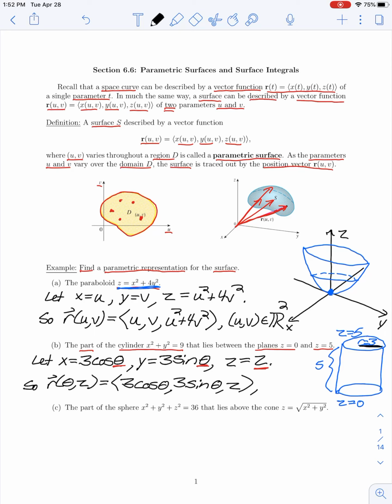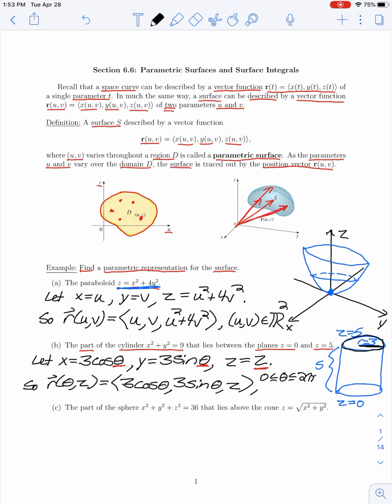And if we need to describe a particular part of this cylinder, we need to describe the range of our parameter values. In this case, we want a full revolution around our circle, which means that our theta value would lie between 0 and 2 pi to get one full rotation around our cylinder.